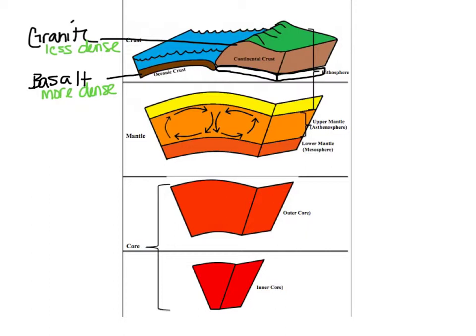Thinking about density even more, when we talk about these arrows in the middle, you guys should have a label on them. What are those arrows labeled as? What is that representing? Izzy? Good, convection currents. So I'm going to throw my label in here that these are my convection currents.